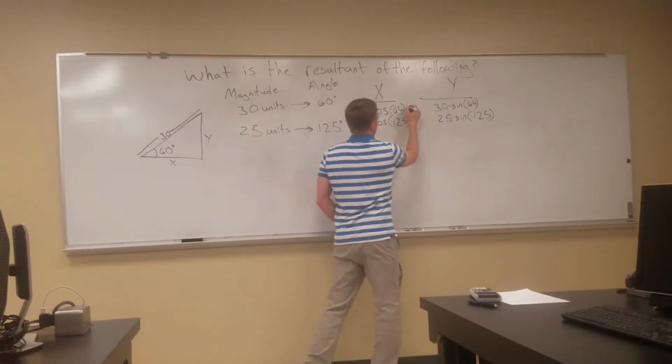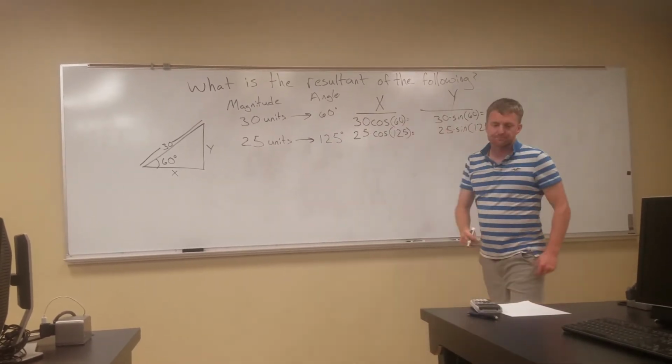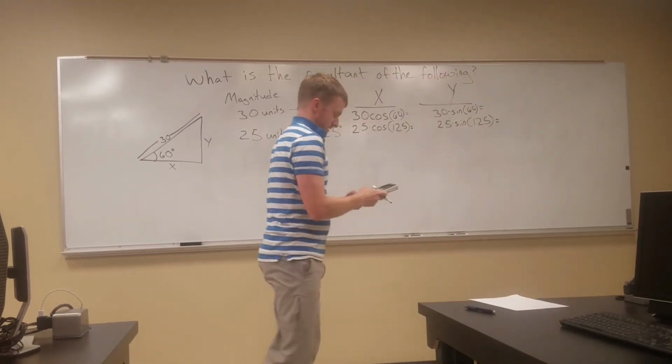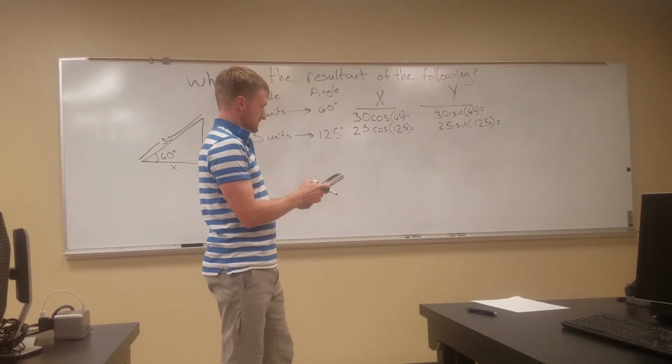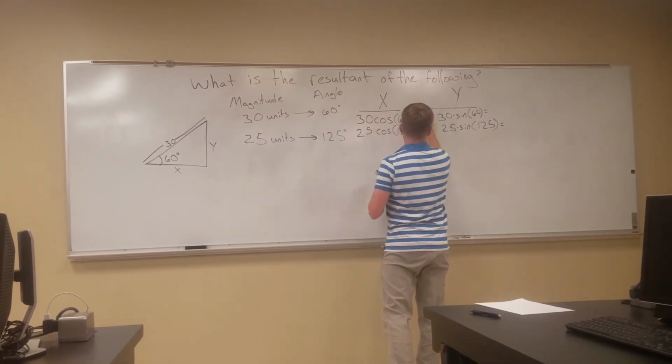So here we go. I'm going to give numbers to each of these. 30 cosine 60: 15.